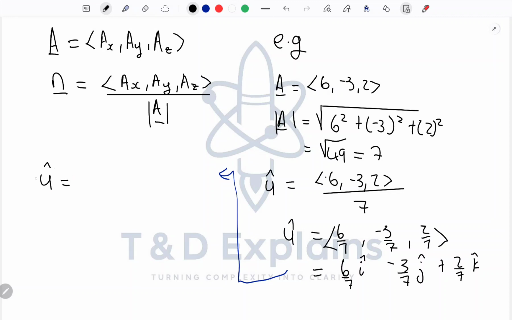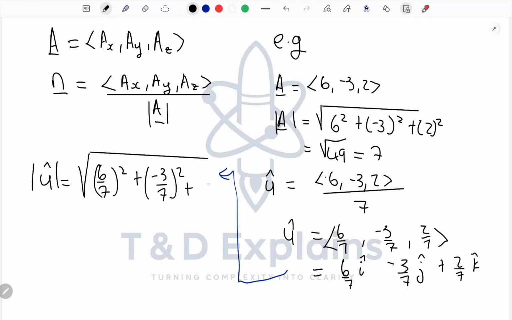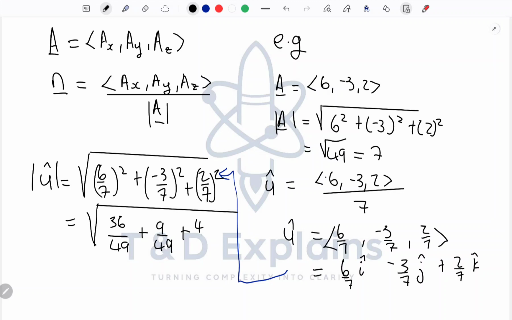The magnitude of u is the square root of 6 over 7 squared plus negative 3 over 7 squared plus 2 over 7 squared. What is 6 squared? 6 squared is 36, over 49, plus 9 over 49 plus 4 over 49.